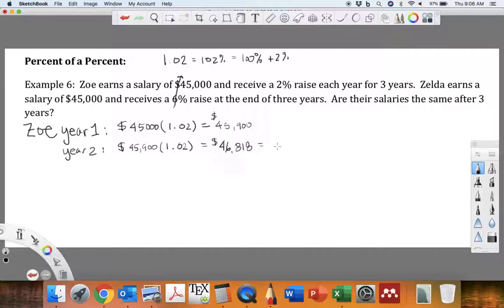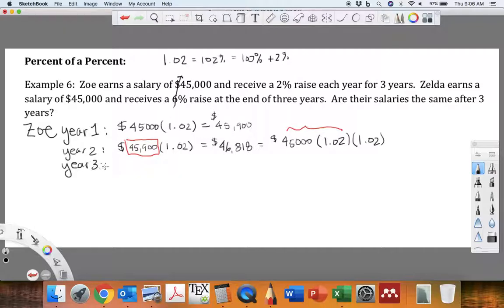But I want you to notice that 45,900 is 45,000 times 1.02. And then we multiplied that number by 1.02. So let me just emphasize that this number and this number are the same. That's why we can express it this way.